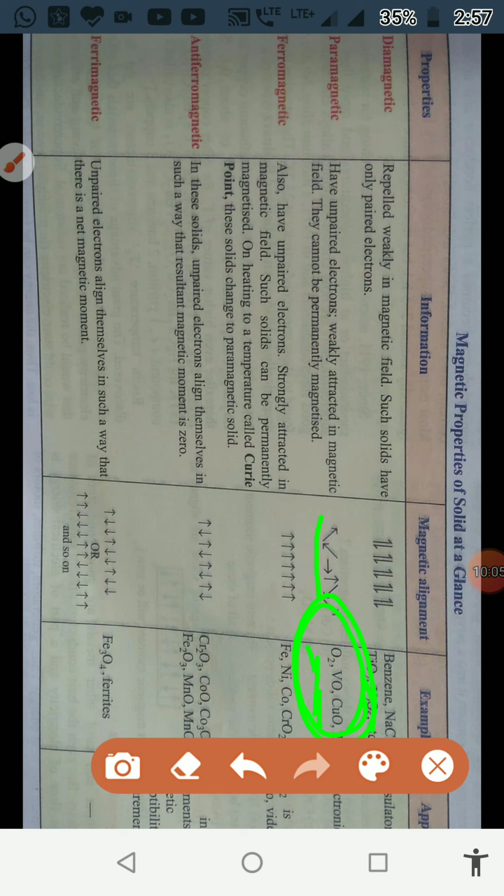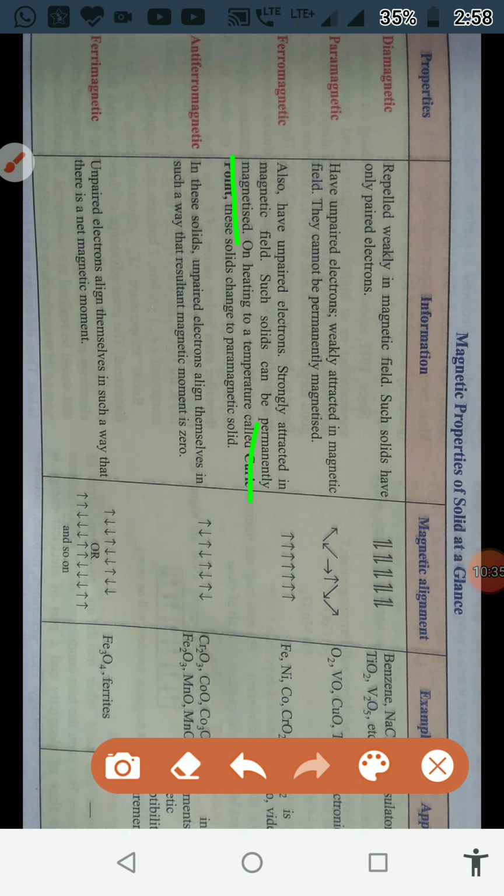Next, we shall move on to the ferromagnetic substance. A ferromagnetic substance possesses a very strong magnetic moment, or is strongly attracted by the magnetic field. One more thing is it can make a permanent magnet.